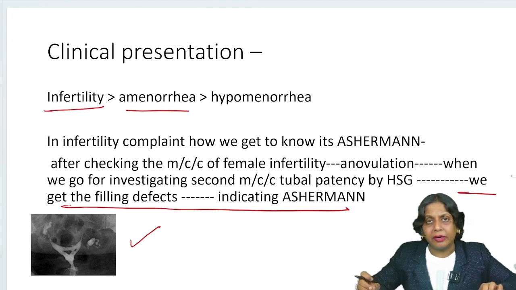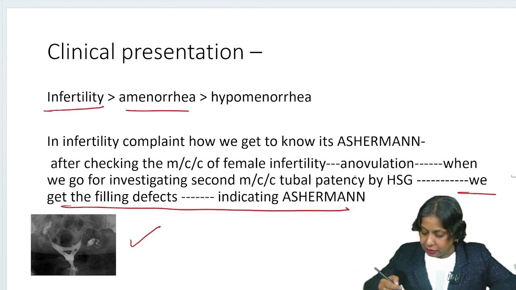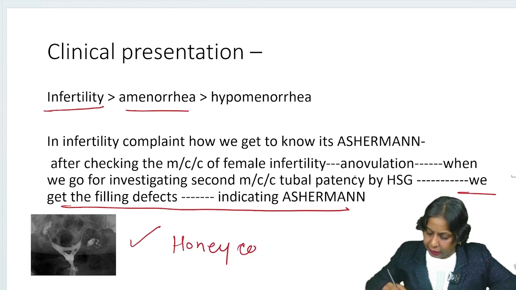So whenever we rule out the second most common cause of infertility, tubal blockage, we do an HSG to see whether tubes are patent or not, and we get these filling defects, also known as honeycomb appearance on the HSG.